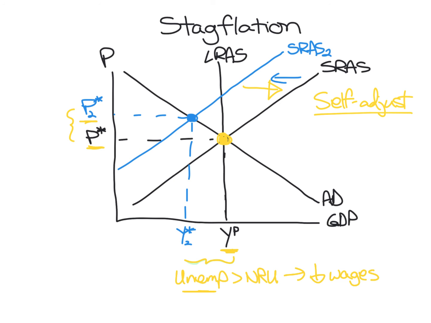Now, as we've discussed before, a big caveat to this is that this could take a super long time to happen, and it might not happen at all because in reality, it's pretty difficult to drop wages. We might be able to slow down wage growth over time, but we're going to find it really difficult to see employers going to their existing employees and lowering their wages, right?